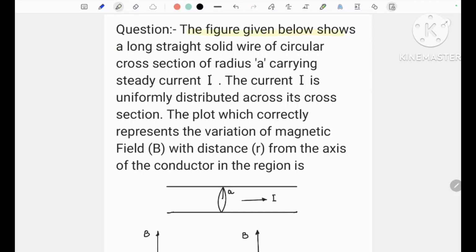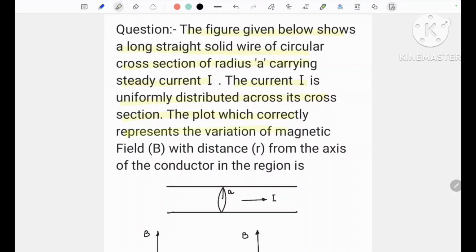Figure given below shows a long straight wire of circular cross sectional area of radius A carrying steady current I. The current I is uniformly distributed across its cross section.